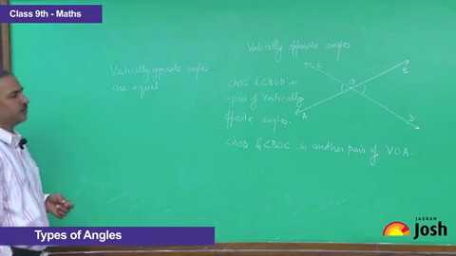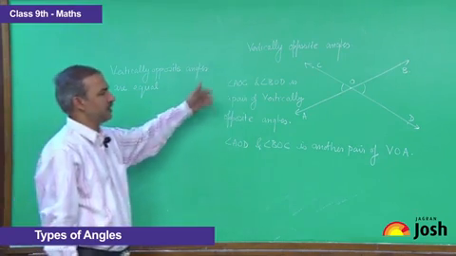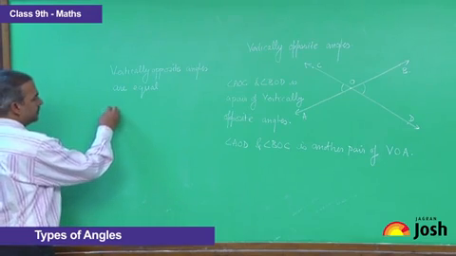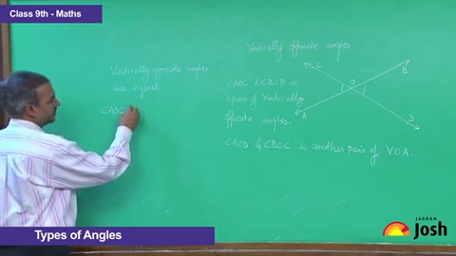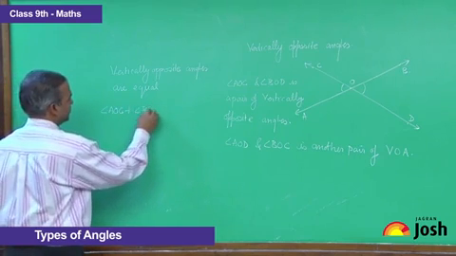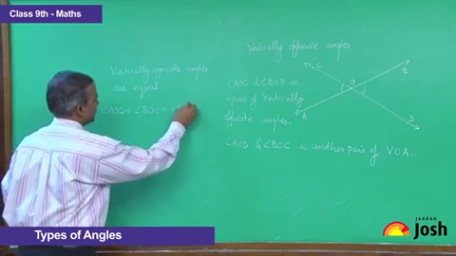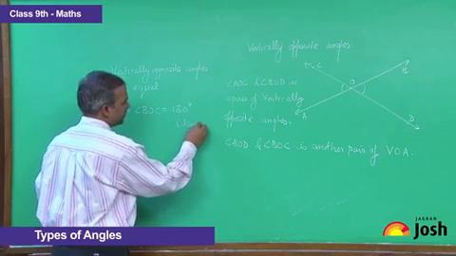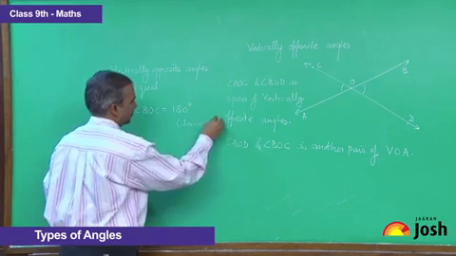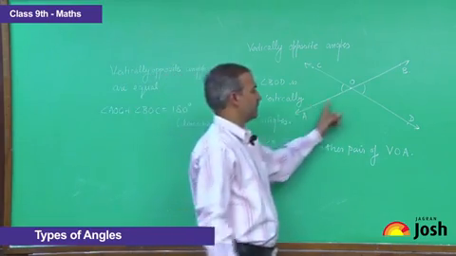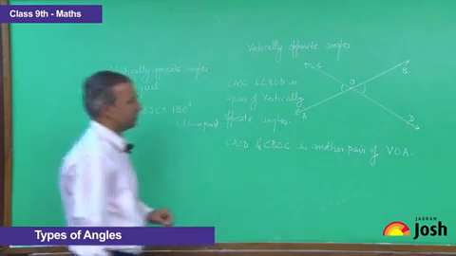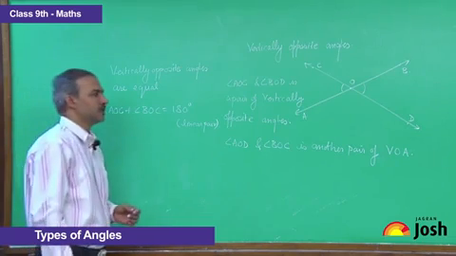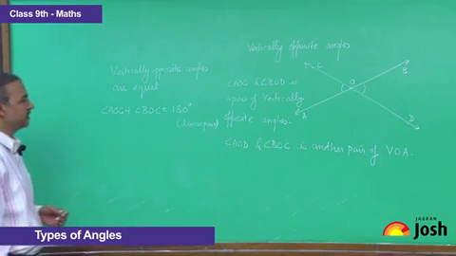For example, if you want to prove that the first pair of vertically opposite angles, AOC, is equal to BOD, we have angle AOC plus angle BOC is equal to 180 degrees, and the reason is that this pair of angles is a linear pair because OA and OB are forming opposite rays, which means that AOB is a straight line, and hence angle AOC plus BOC is equal to 180 degrees.